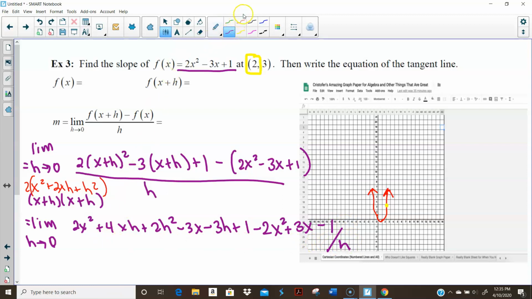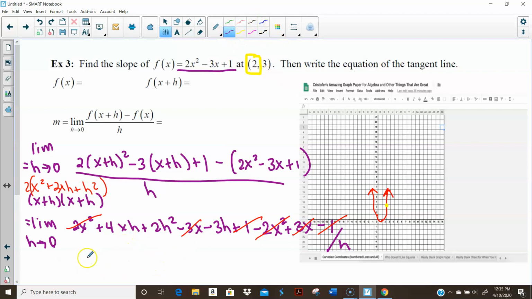So let's go ahead and cancel like crazy and see what we have. So the 2x squared and the negative 2x squared cancel. The negative 3x and the positive 3x cancel. The negative 1 and the positive 1 cancel. And I think that's all I see.